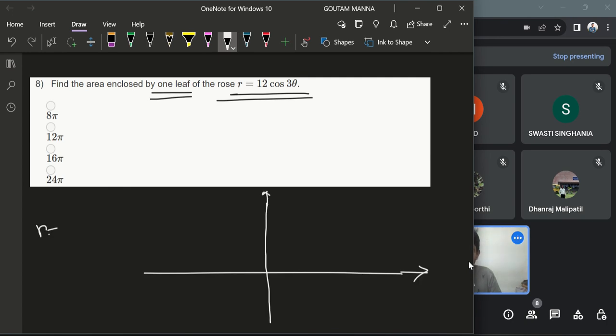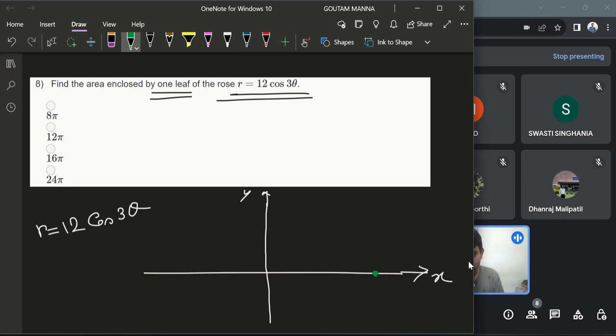So r equals to 12 cos 3 theta. When theta equals to 0, r is 12, so let me call this 12. We are asked to find out the area of only one leaf.